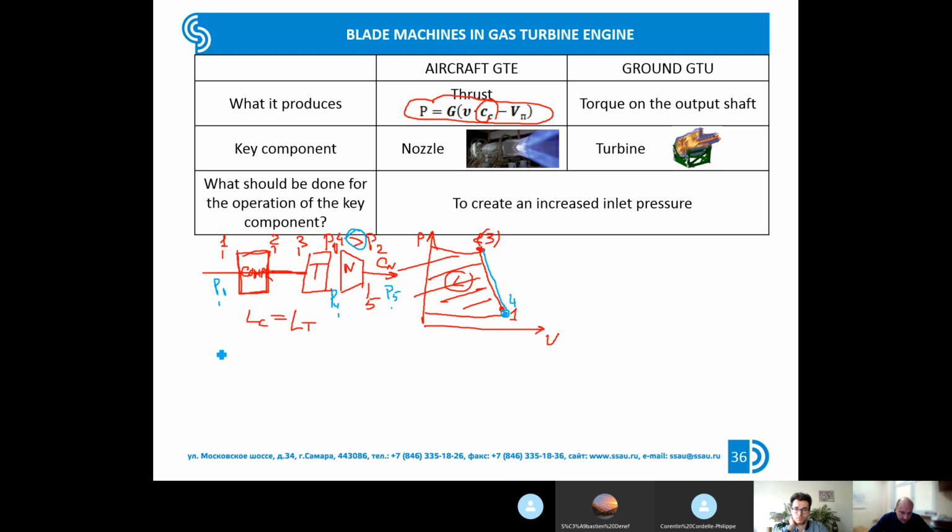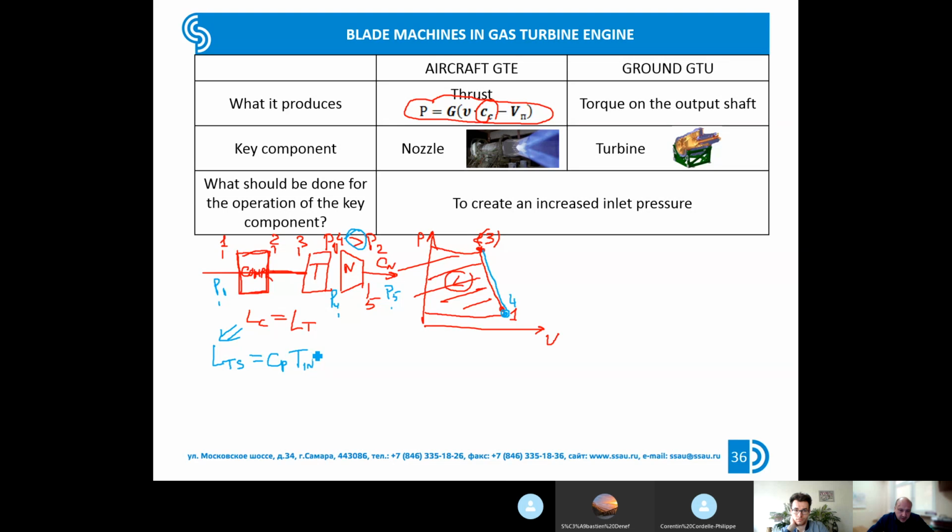How to solve this problem? To understand it, let's write the equation for the adiabatic expansion. This is the adiabatic specific work, and it's determined by the specific work of the compressor. This is Cp, the isobaric heat capacity.